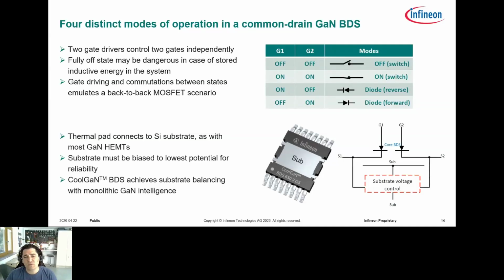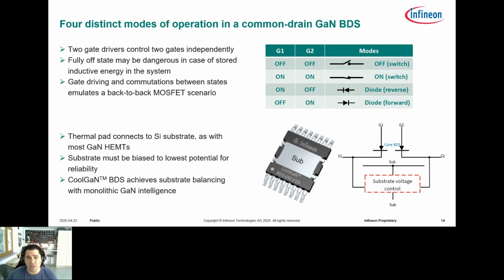So most of the time, the three modes that are used are fully on, or blocking voltage in only one direction with freewheeling in the other, or blocking voltage in the other direction with freewheeling in the first. So essentially emulating the scenario where you've turned off only one of the two back-to-back MOSFETs instead of turning them both off.